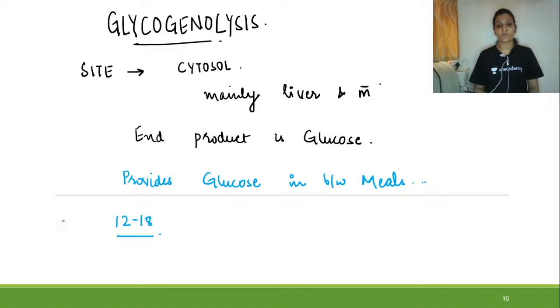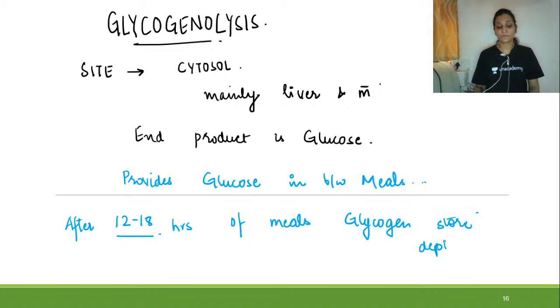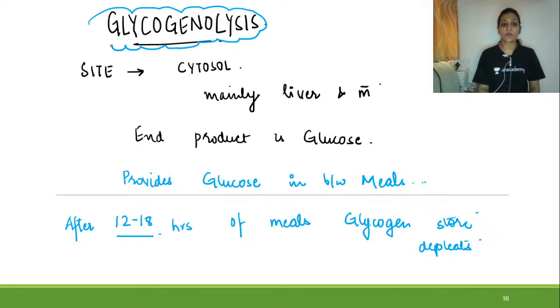So after 12 to 18 hours of meals, the glycogen reserve depletes. So this is glycogenolysis, and we are going to talk about glycogenolysis.